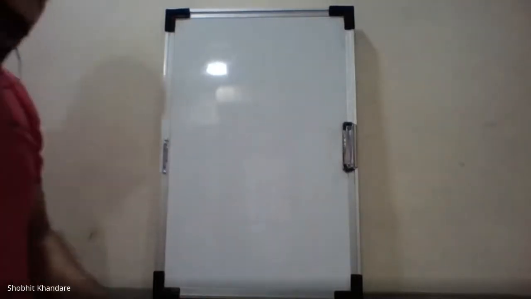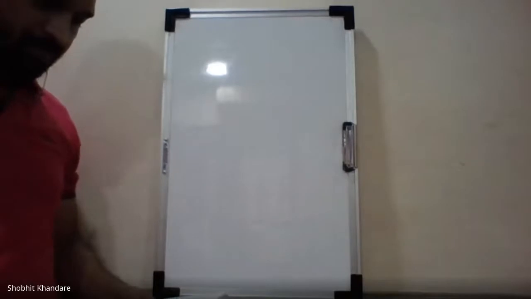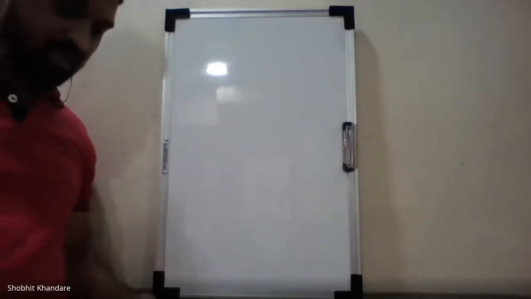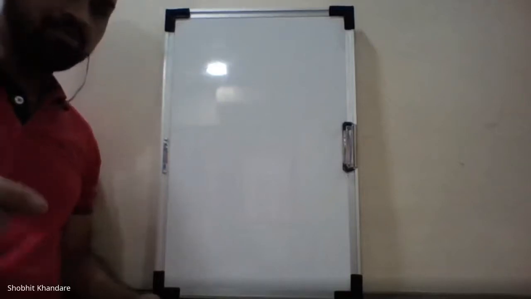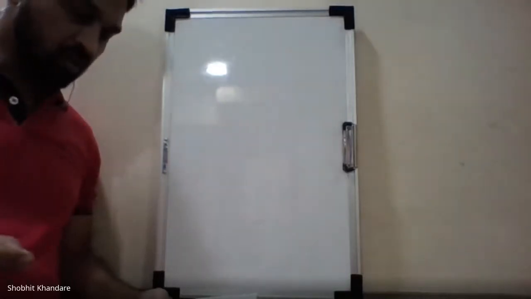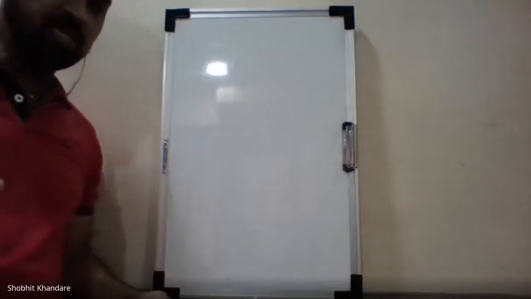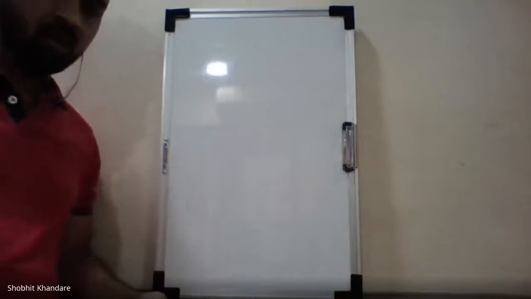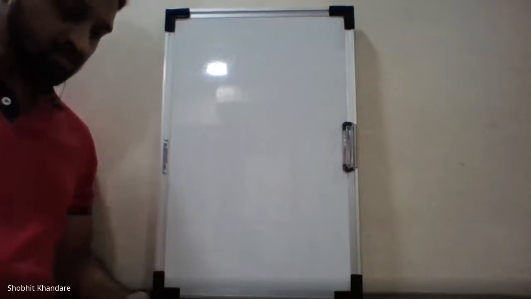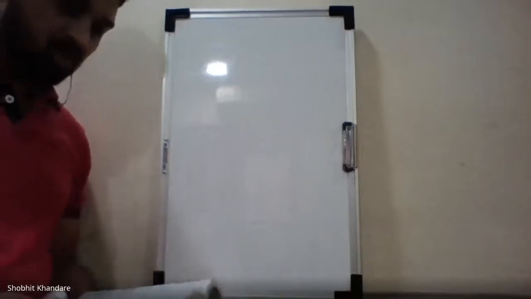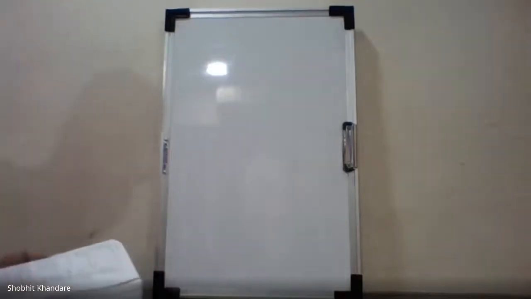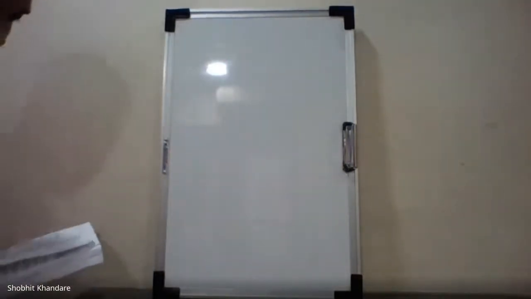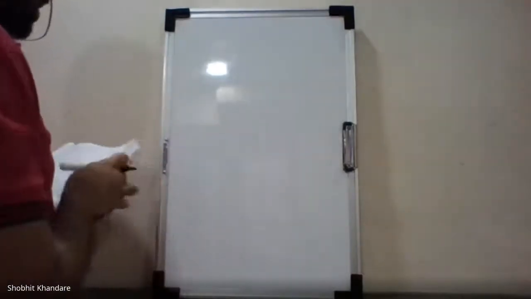Before drawing it, write down the heading: Programming 8259, or initializing 8259. And then draw this flow diagram. Here it will be clear in what sequence I am sending the command words.